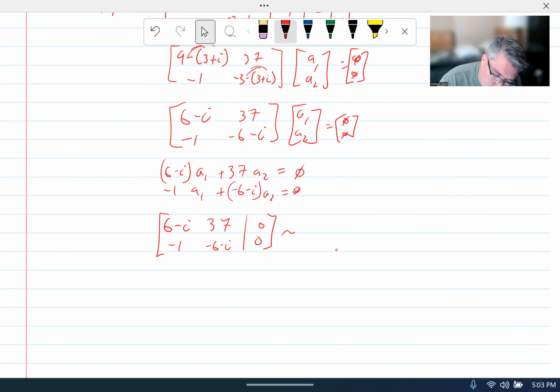Okay. Let's see what we can do here. Well, if I multiply the bottom by 6 minus i, then what do I get?